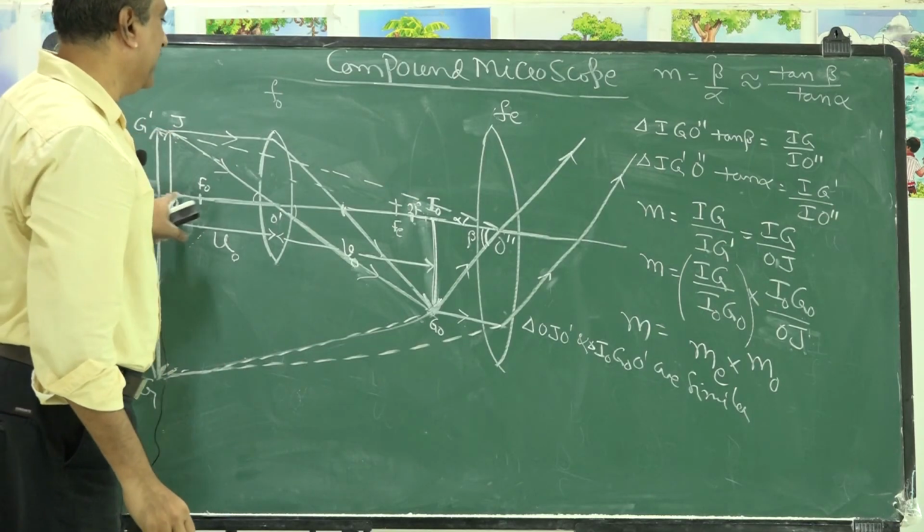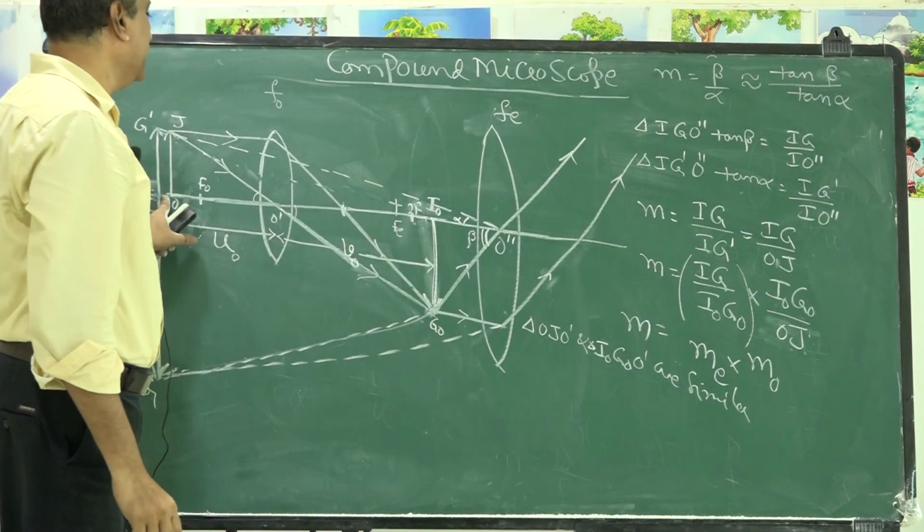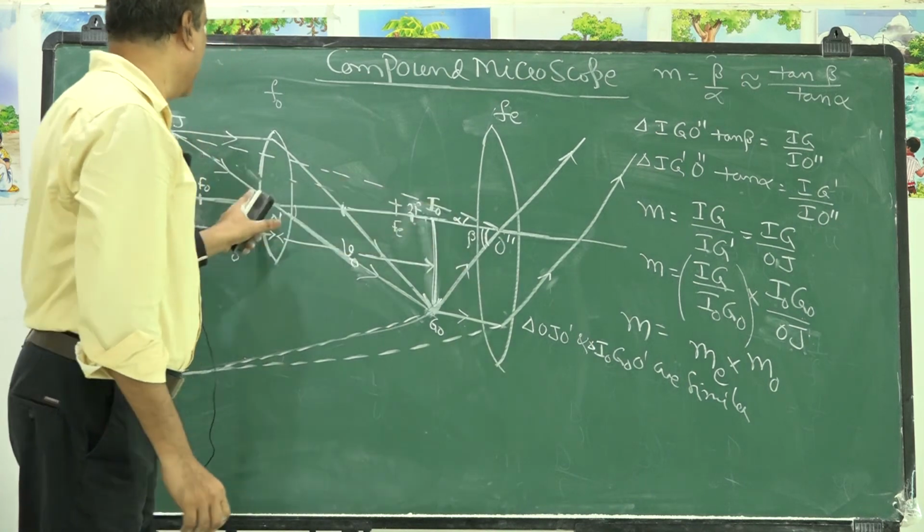So I naught G naught by OJ is equal to image distance by object distance.